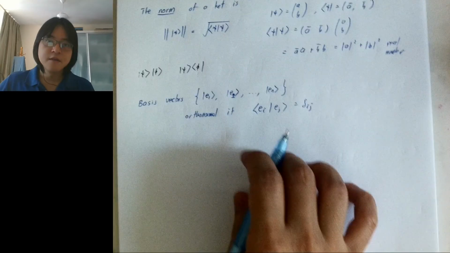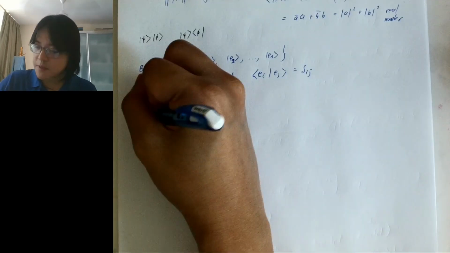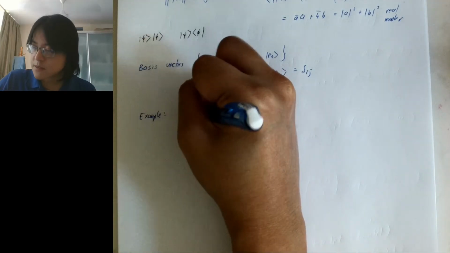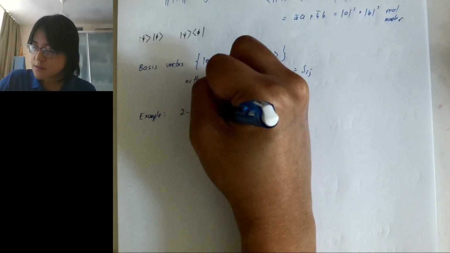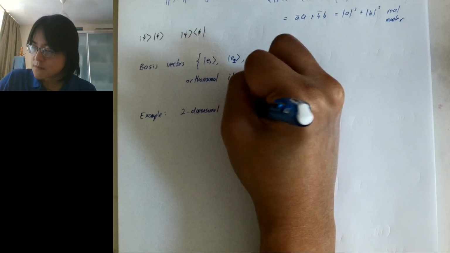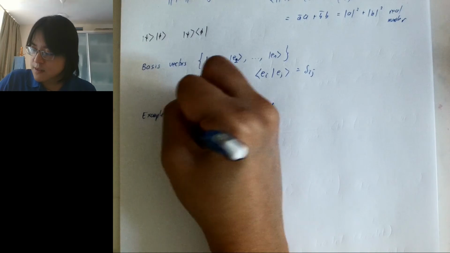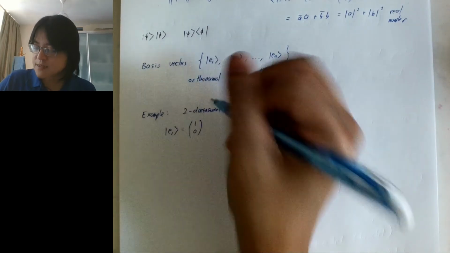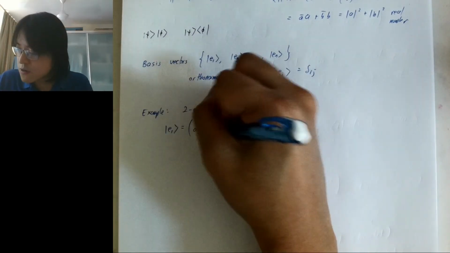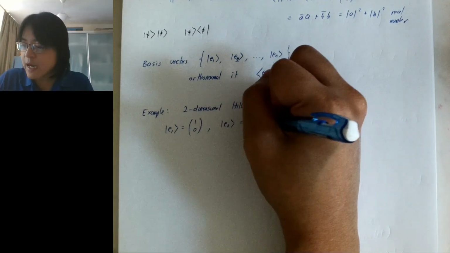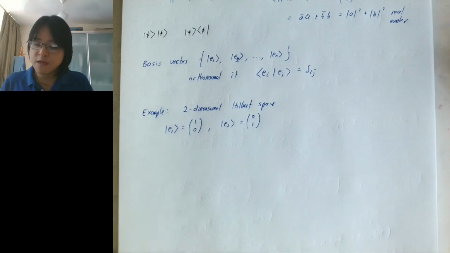So, a simple example. Let's take a two-dimensional vector space, Hilbert space. A standard basis will be just like this. It's exactly the same as R2 actually. The only difference is now you can use complex numbers together with this.